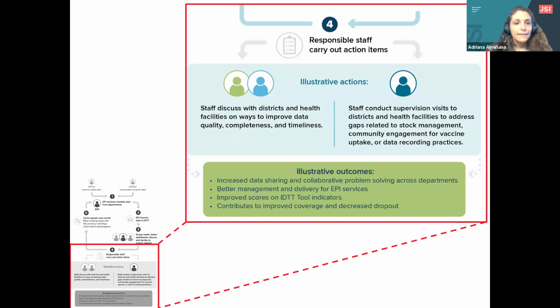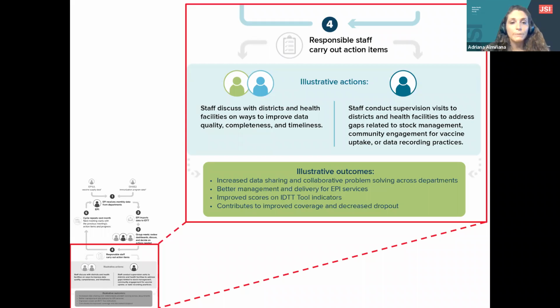Next. So after the meeting, you may have had assigned staff that would carry out each of those action items, right? So depending on the problem or the issue that was surfaced during the meeting, the action items might have been different. So we have a couple of examples here. Perhaps one action would be that staff would need to discuss with certain districts ways to improve data quality or data completeness issues.